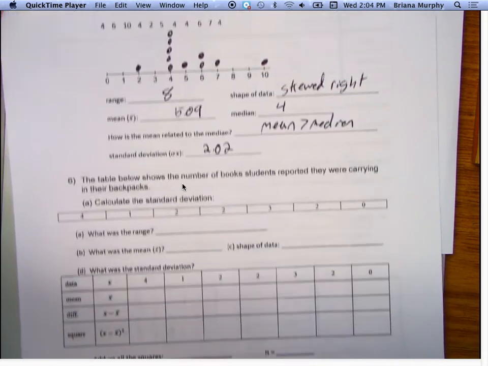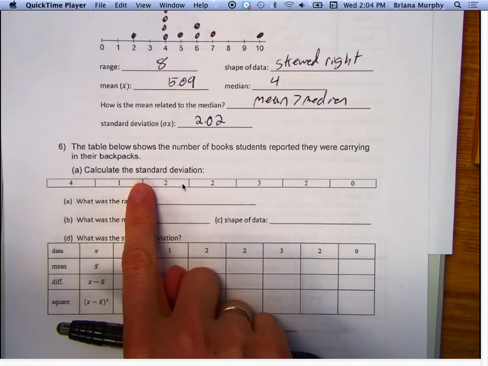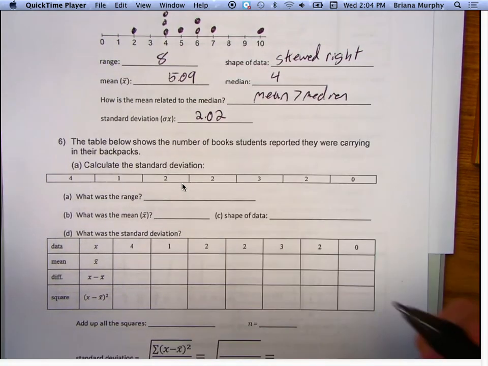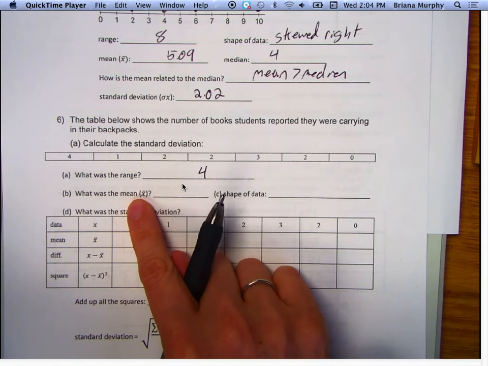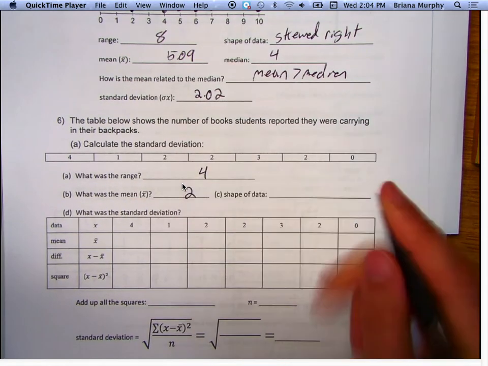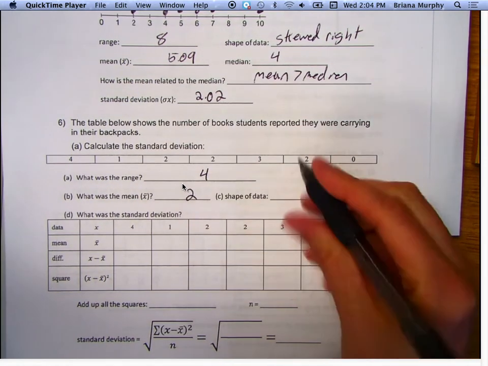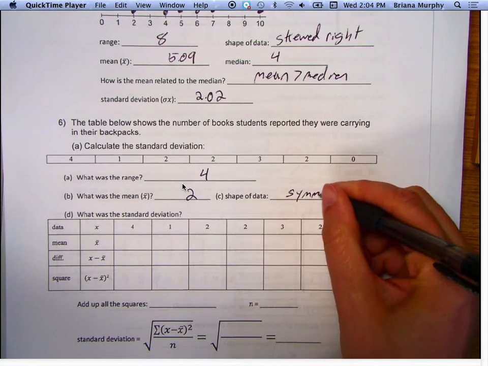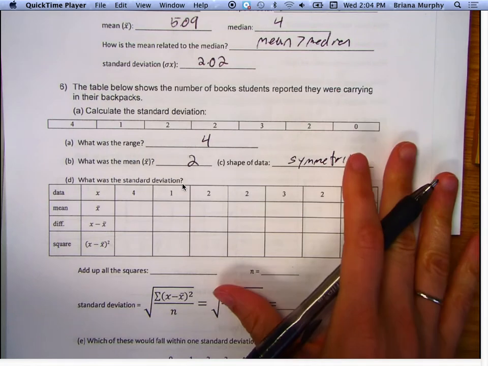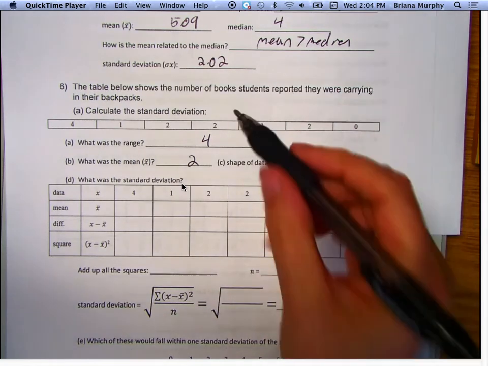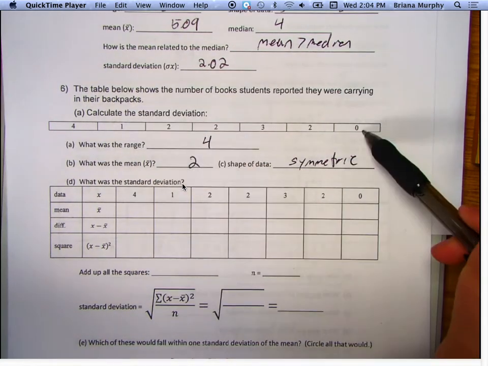Okay, let's look at calculating the standard deviation. What was the range for A? 4 minus 0 is 4. What's the mean? What's the shape of the data? Wait, wouldn't the range be... Oh, because it's minus 0. 4 minus 0.